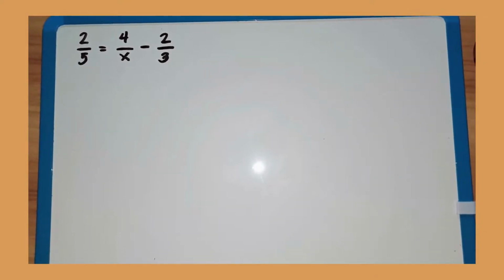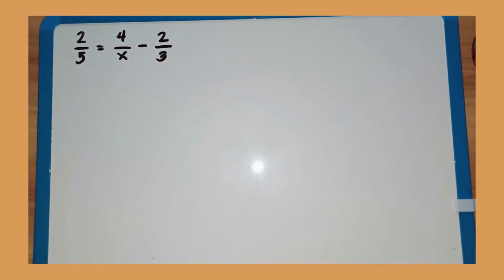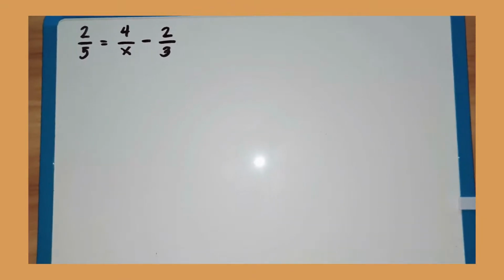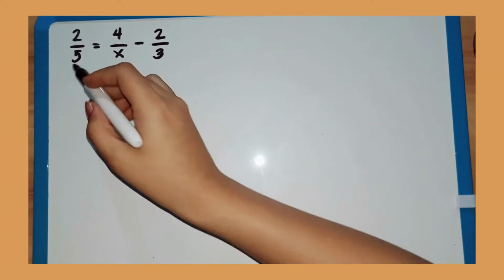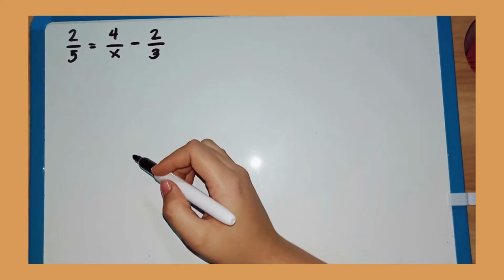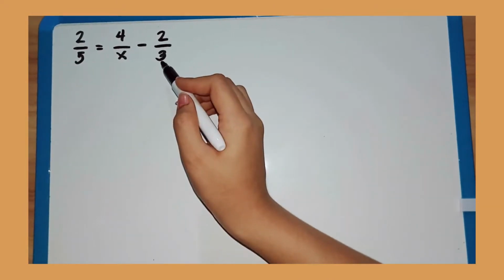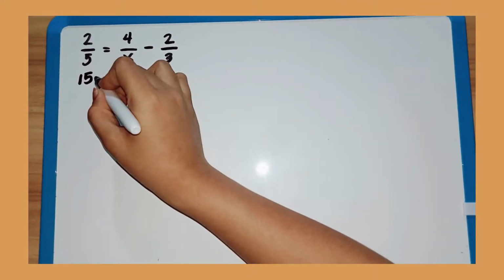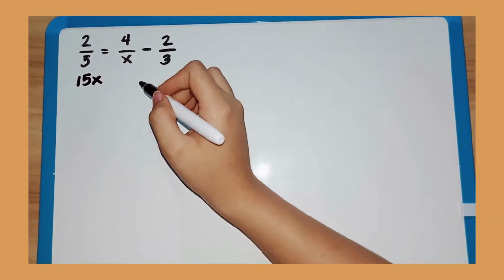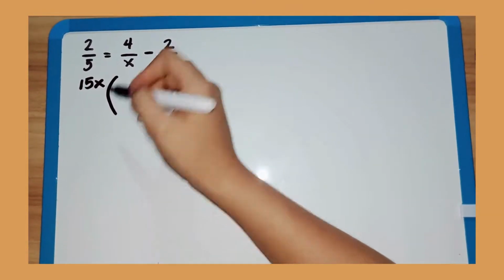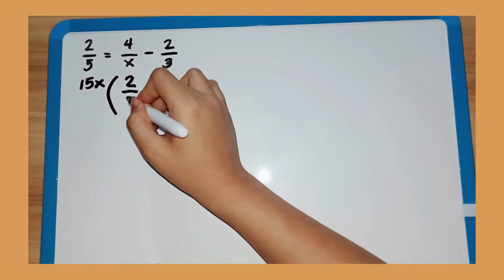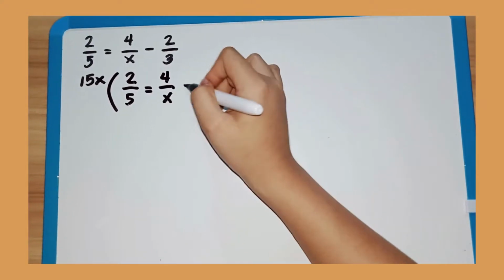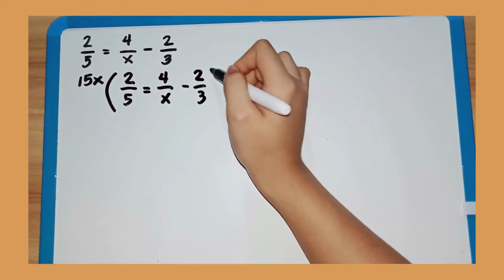Another example, we have 2 over 5 is equal to 4 over x minus 2 over 3. Again, we have three denominators, 5, x, and 3. We multiply them. 5 times 3, that is 15. 15 times x, that is 15x. Then copy the rest of the equation. 2 over 5 equals 4 over x minus 2 over 3.